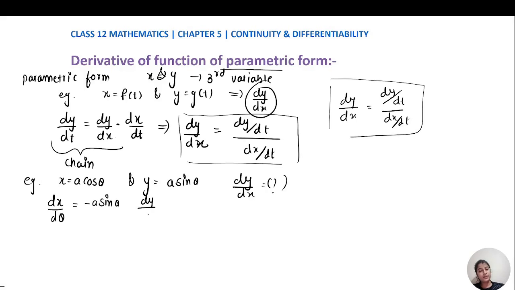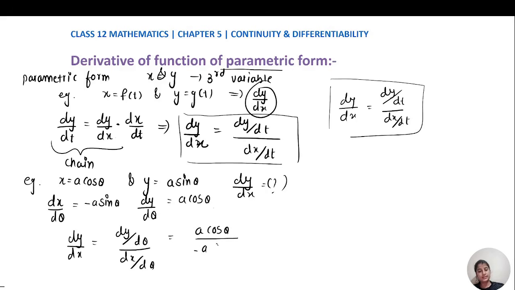Our dy by d theta will be a cos theta. Now what will be our dy by dx? Just put in this formula: dy by d theta divided by dx by d theta. So this will be a cos theta divided by minus a sin theta, which is nothing but minus cot theta. So our dy by dx will be cot theta.